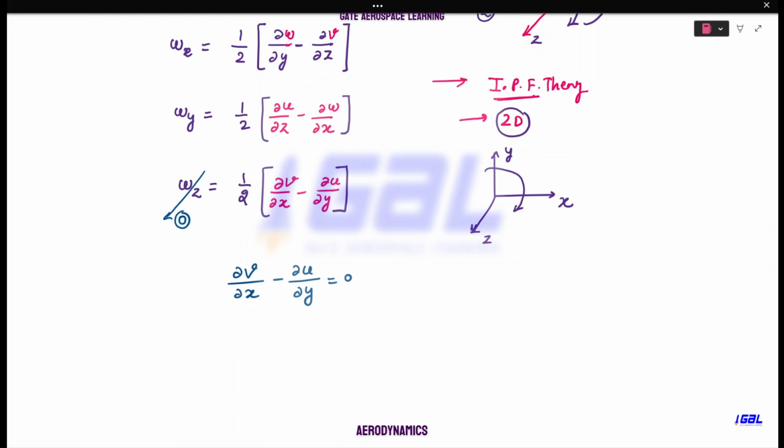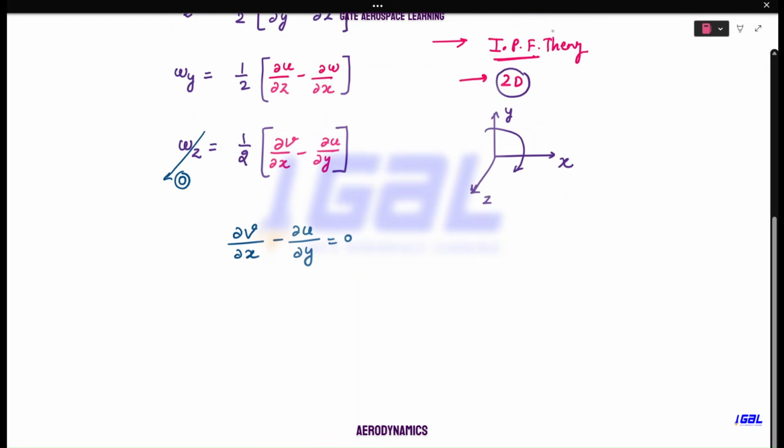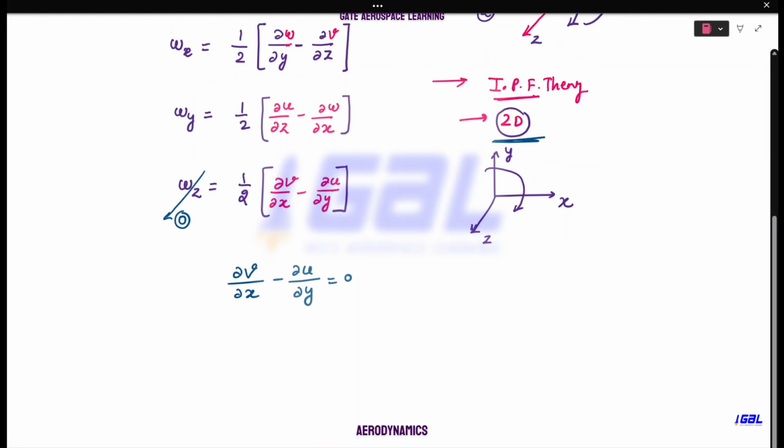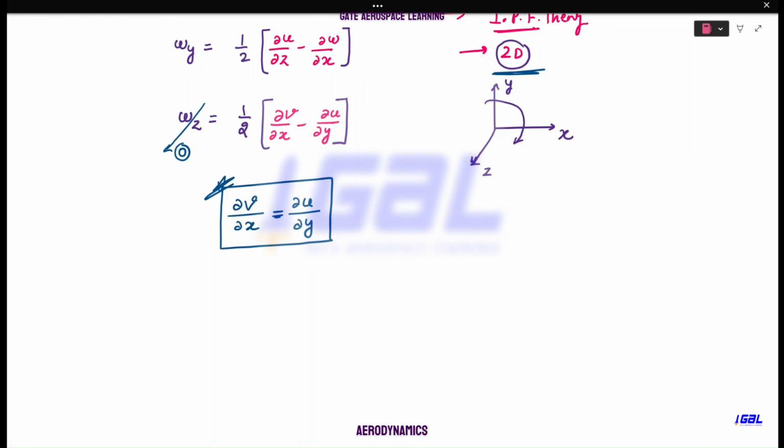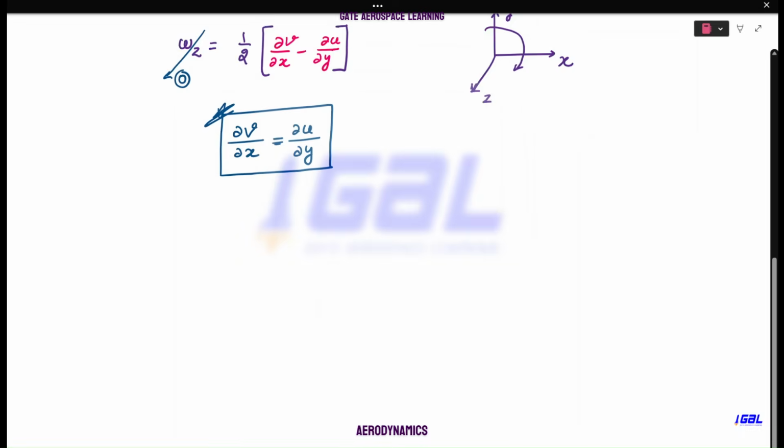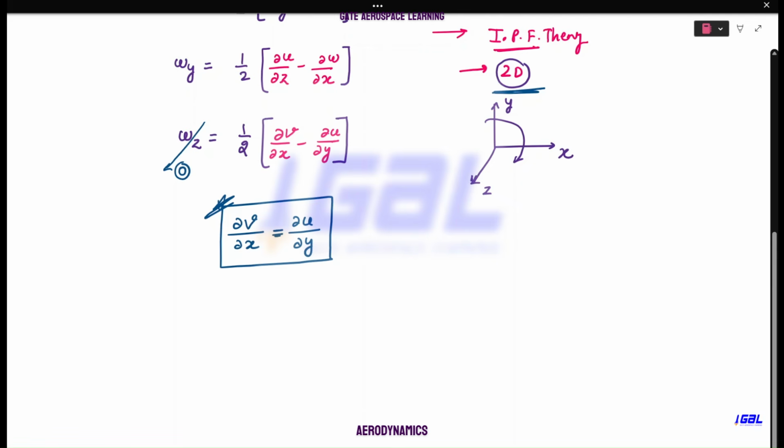When you have a 2D flow, or when the angular velocity about the z-axis is 0, you will have this condition, and once you take the negative term to the right-hand side, you get this condition. From now on, please learn this equation by heart. This is the very important conclusion we have arrived at.